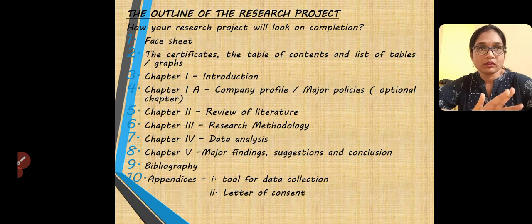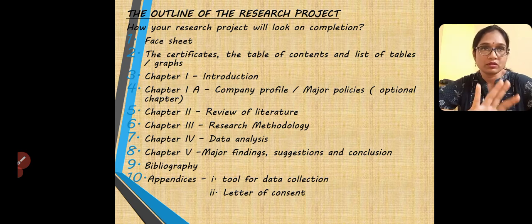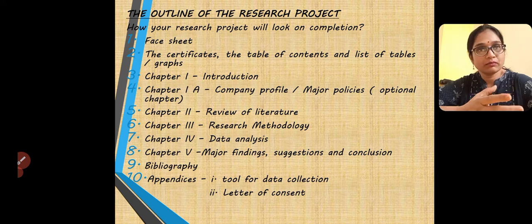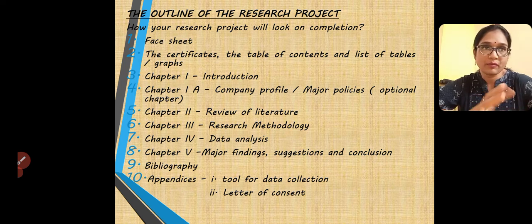Or if you are doing some topic on community development, then you can include some of the major policies or schemes on which your research project is based. You can keep this chapter separately, or you can make it part of chapter one as chapter 1A, so that doesn't make much difference.